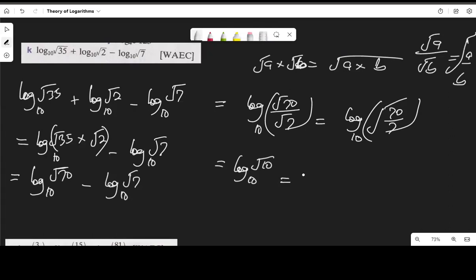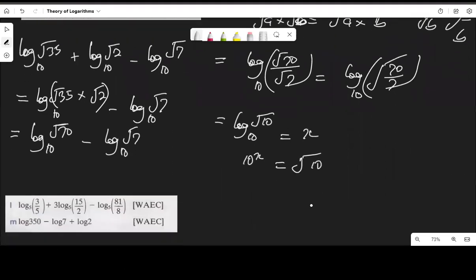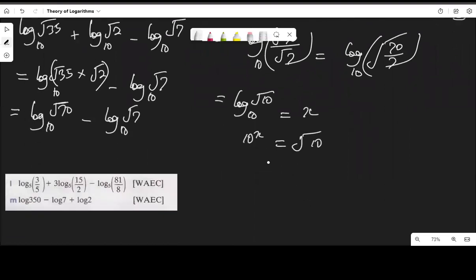Let's assume this is equal to s. That means 10 to the power of s is the square root of 10, which I can write as 10 to the power of half. So 10 to the power of s is 10 to the power of half.